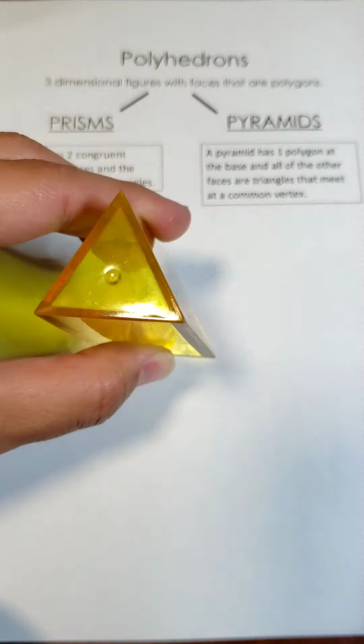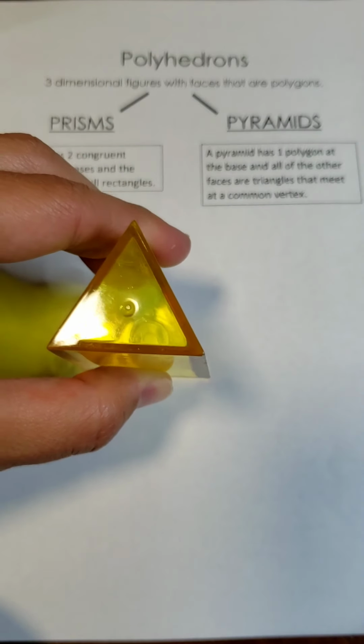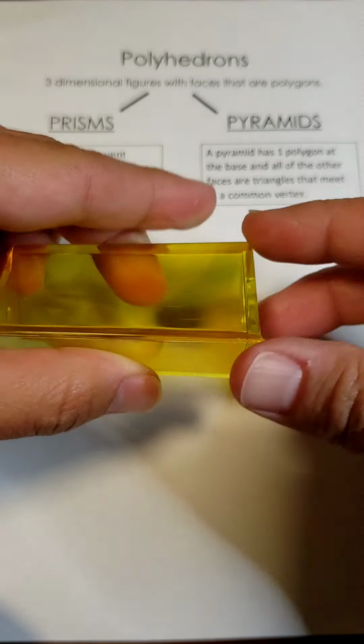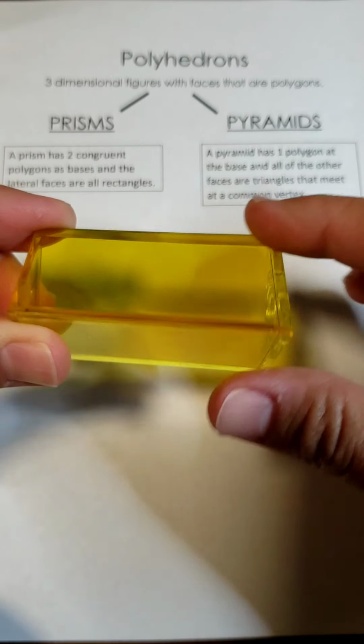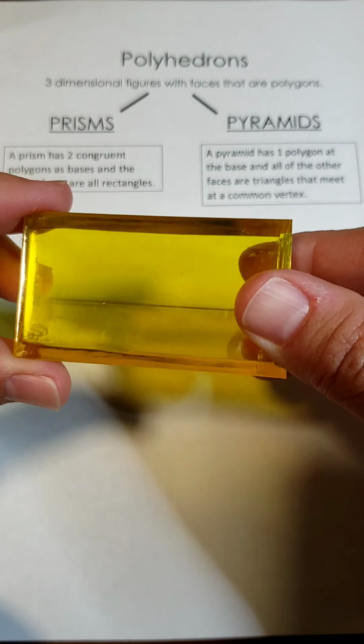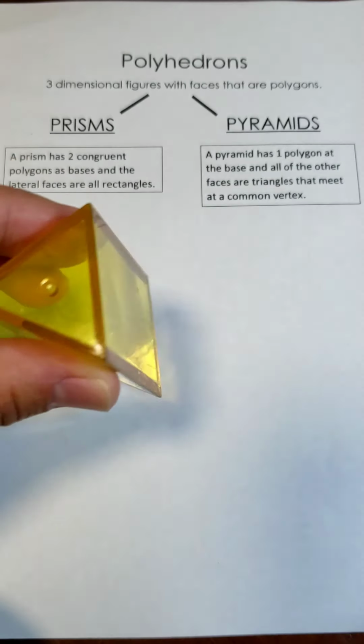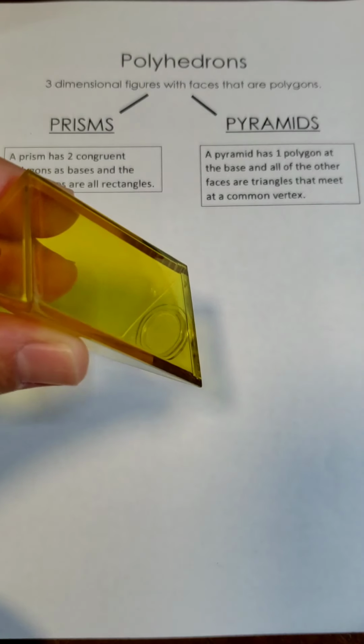If I look at the very top of my prism here, that shape is a triangle. And if I look at the bottom, that is also a triangle. If I look around this polyhedron, you see how the faces are all rectangles? All right, so this shape here would be considered a prism.